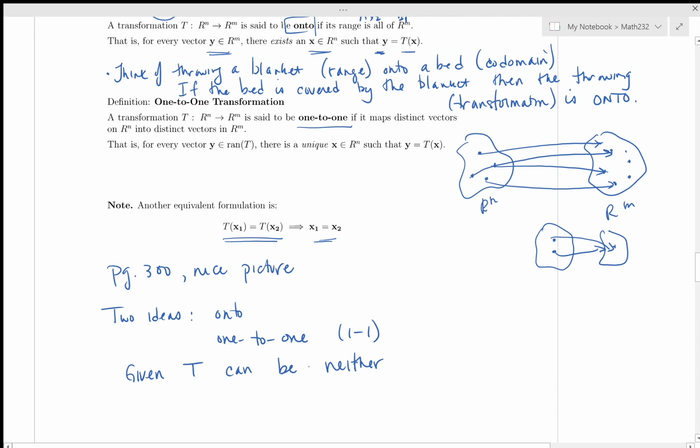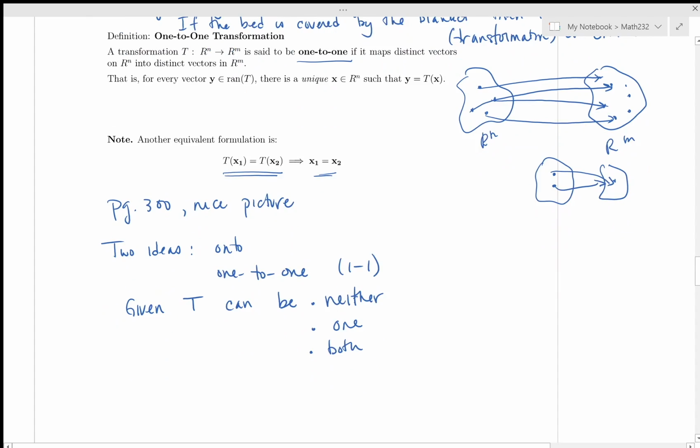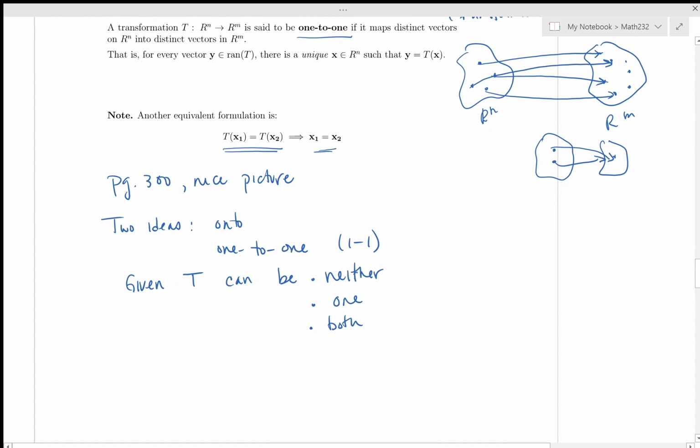A transformation can be neither one-to-one nor onto, it can be one of them and not the other, or it can be both. So those are the four possibilities.